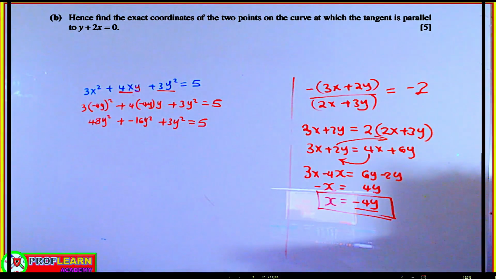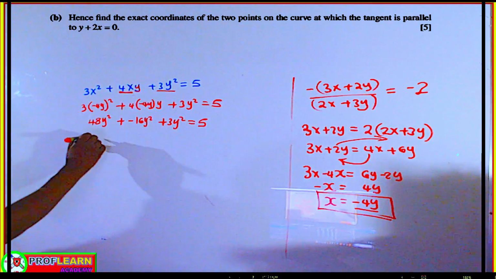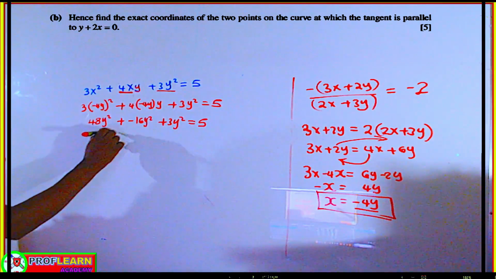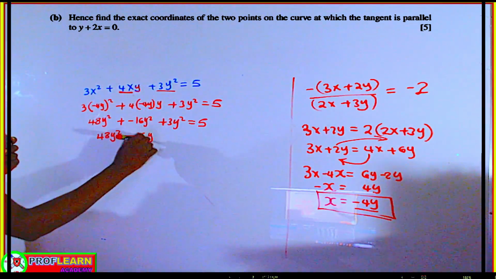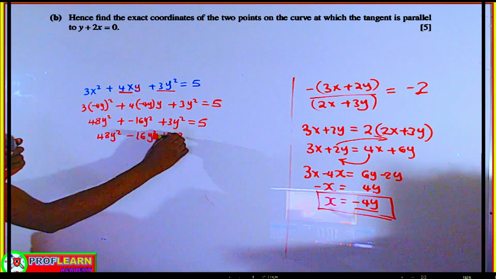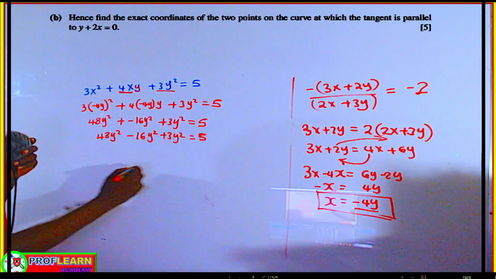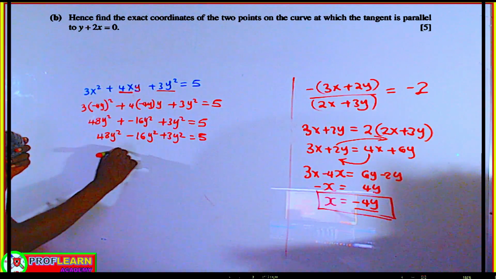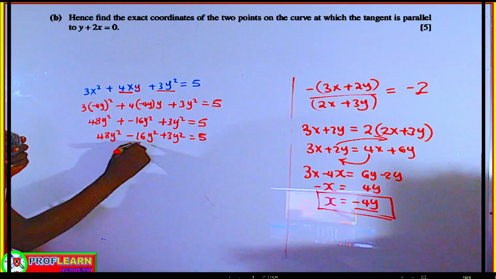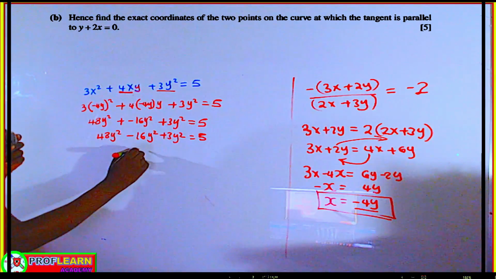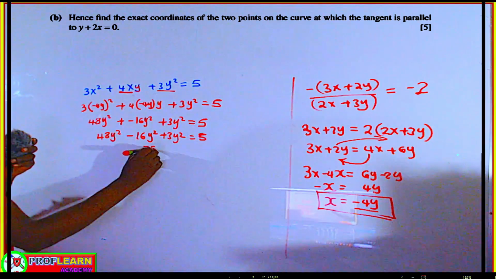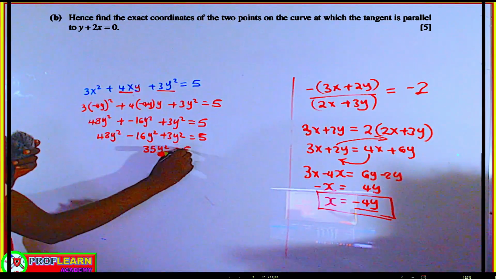Once we have this, we can put the like terms together: 48y squared minus 16y squared plus 3y squared equals 5. That means this is going to be 32 plus 3, so 35y squared is equal to 5.